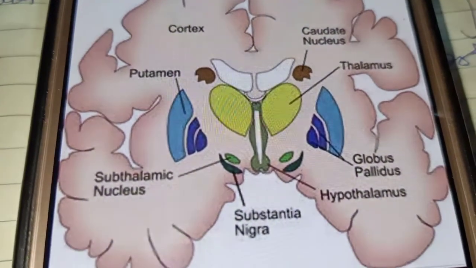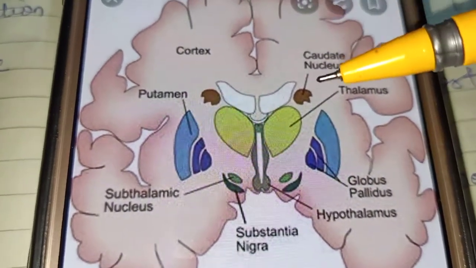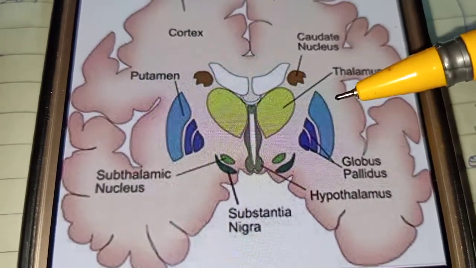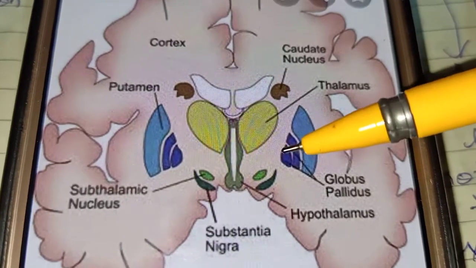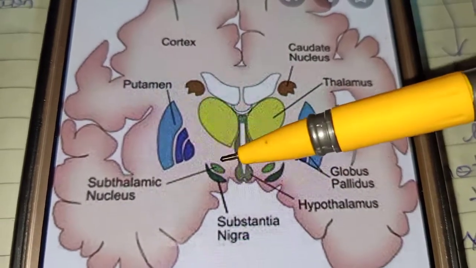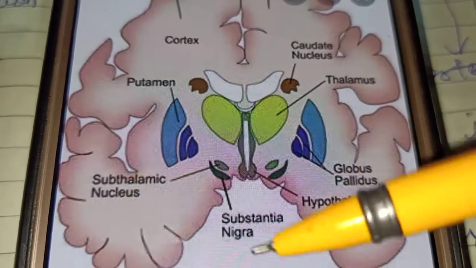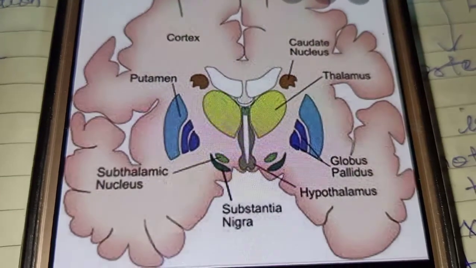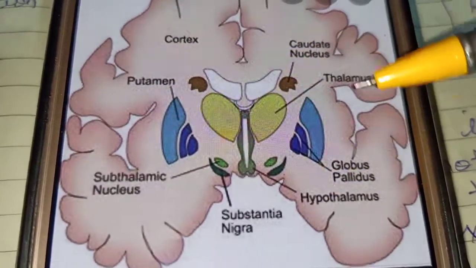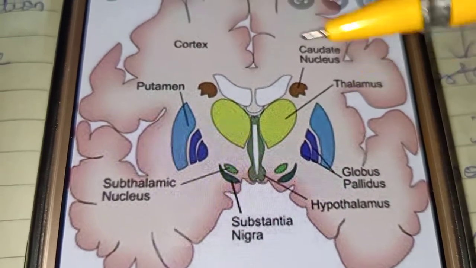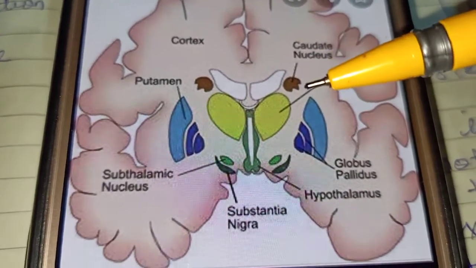Again I'll show here: caudate nucleus, putamen, globus pallidus with internal and external parts, the thalamus, the subthalamic nucleus, and the substantia nigra. So these are the various components of basal ganglia where the thalamocortical pathway is present.